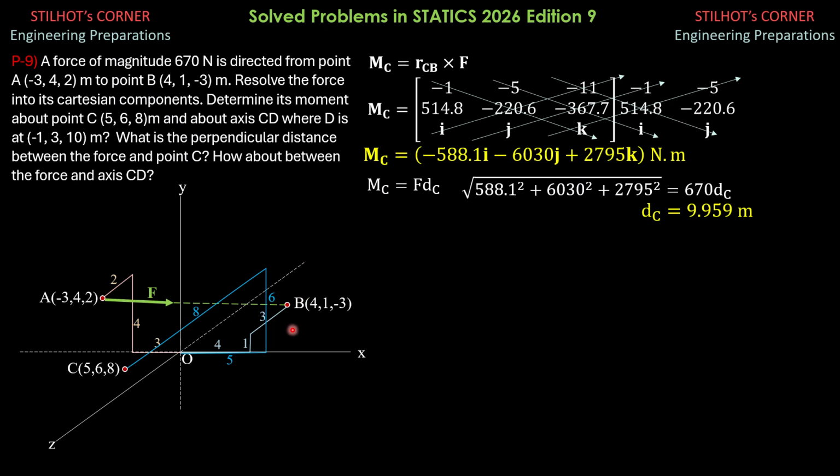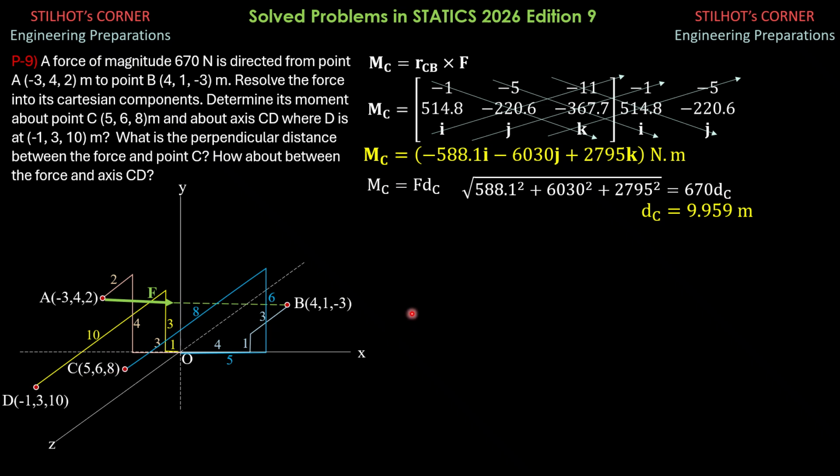So for the moment of the force about axis CD, let's locate D first, which is at negative 1, 3, 10 as shown. So negative 1, 3, 10. So this is D. And we have moment about axis CD. This is CD. So let's just consider CD, not DC.